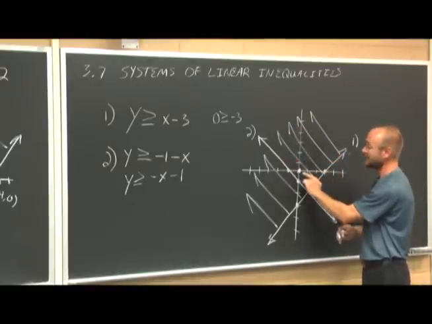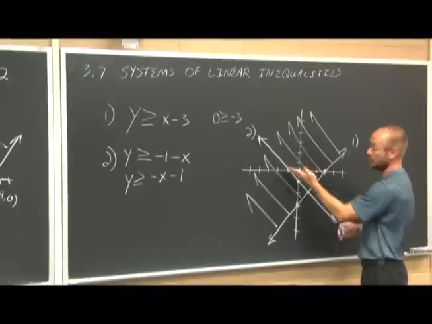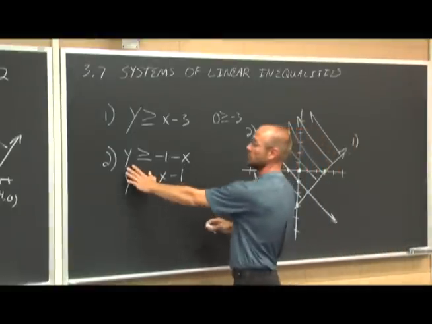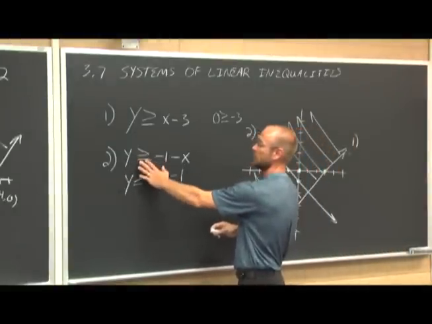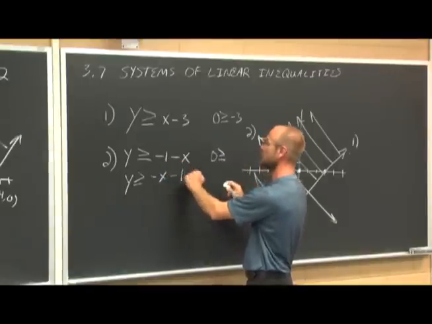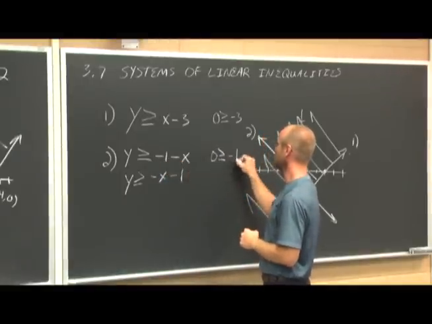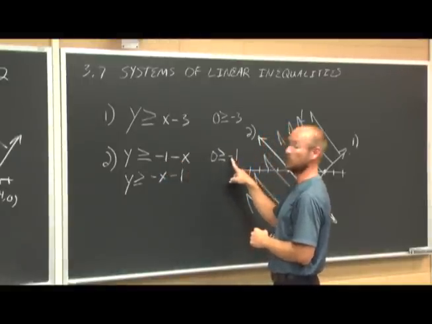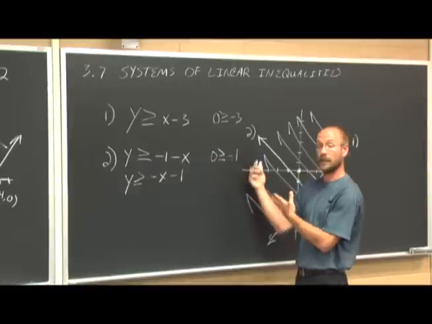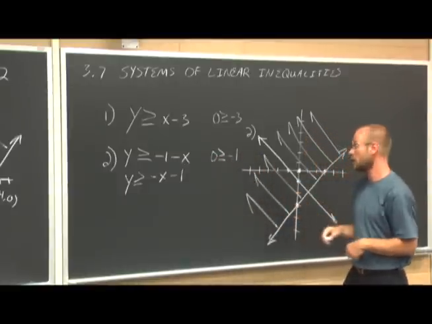Now I'm going to test that same test point in line number 2, the one I labeled as line number 2. So I'm going to put 0 in here: 0 is greater than or equal to -1 minus 0. So when I simplify, I end up with 0 is greater than or equal to -1. Is that a true statement? Well, yes, 0 is greater than any negative number. It lies to the right on our number line.